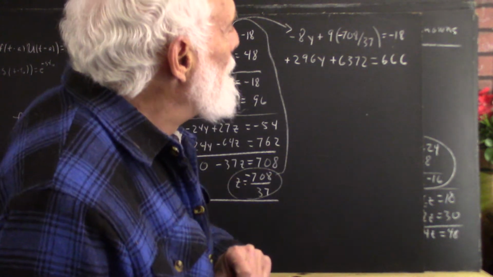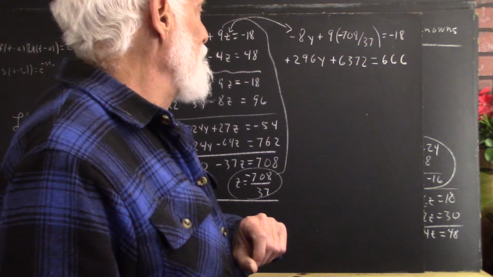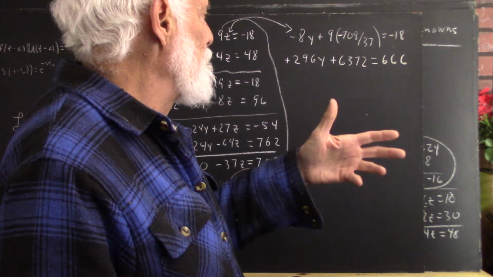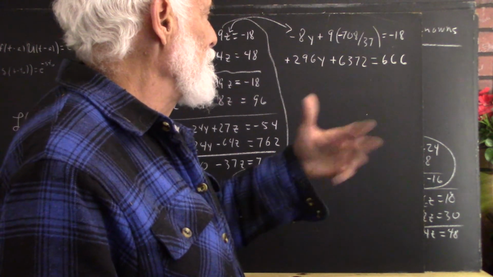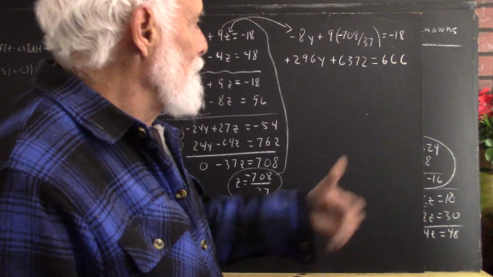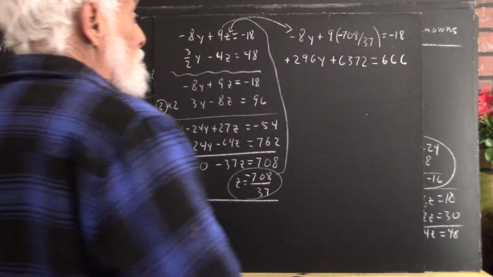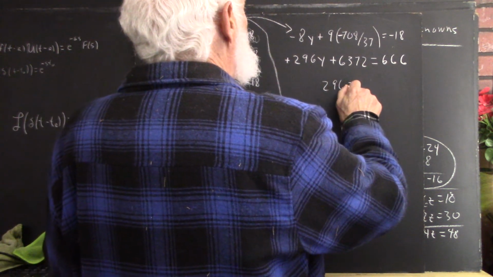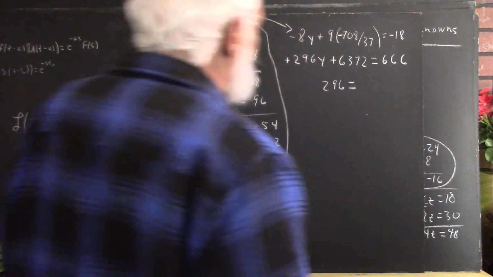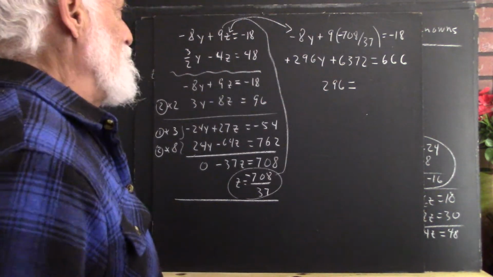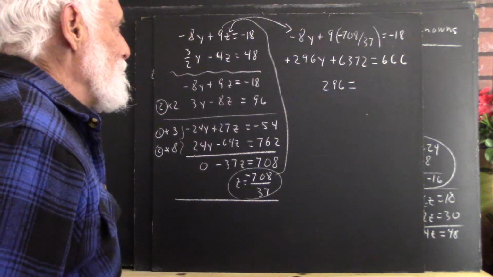Okay. Now let me double check that. 740 minus 74. 740 minus 70 is 670. Subtract 4. I think maybe I'm right. Okay, so we get 296y equals, oh man, 666 minus 6372. Okay?